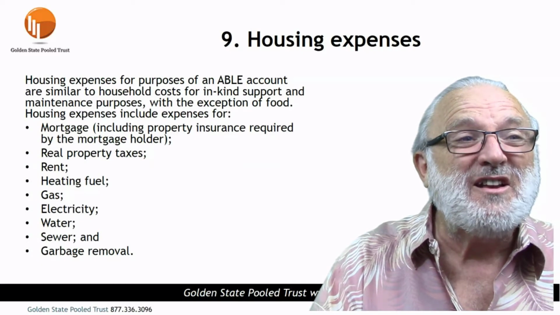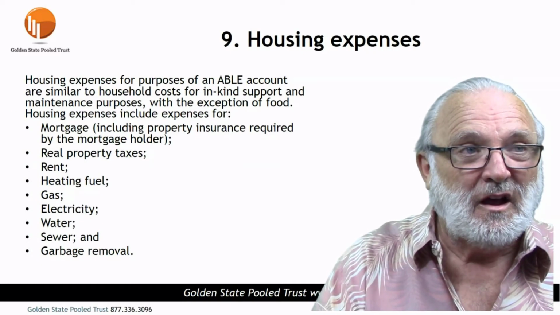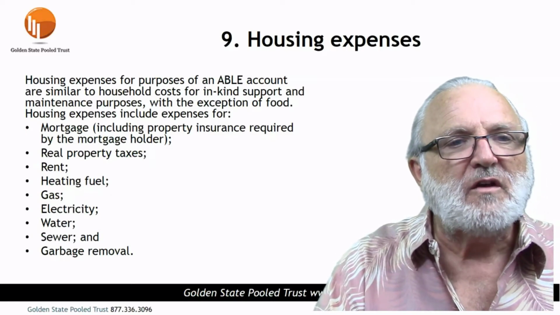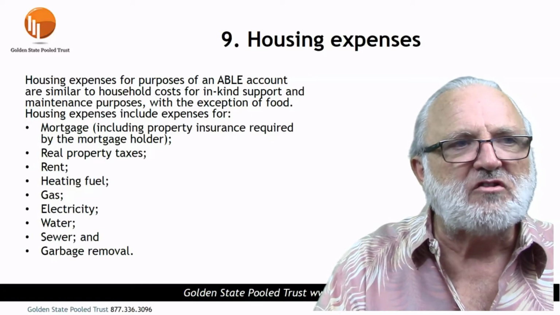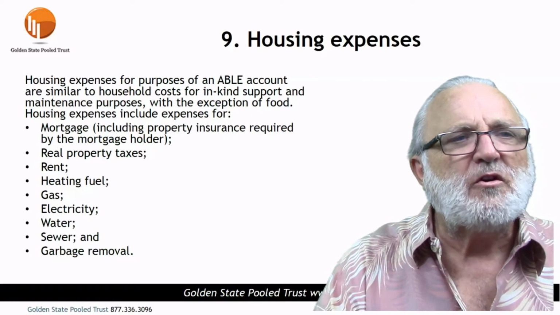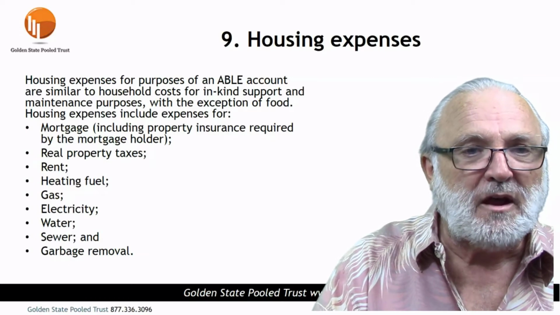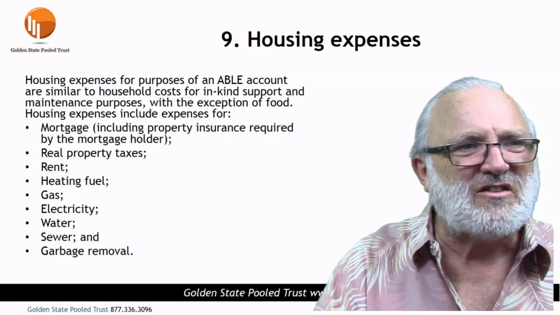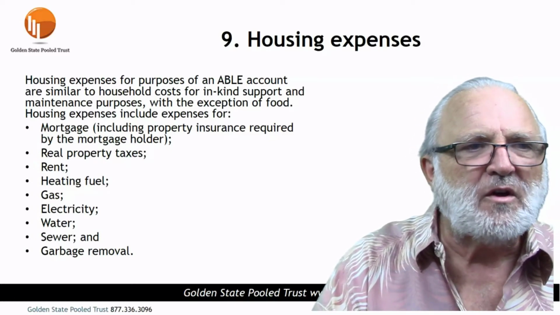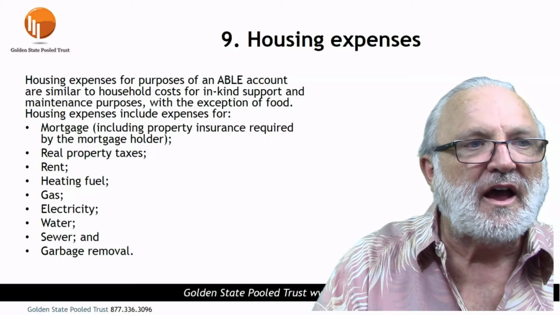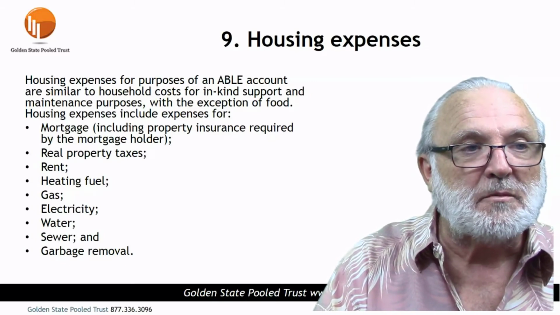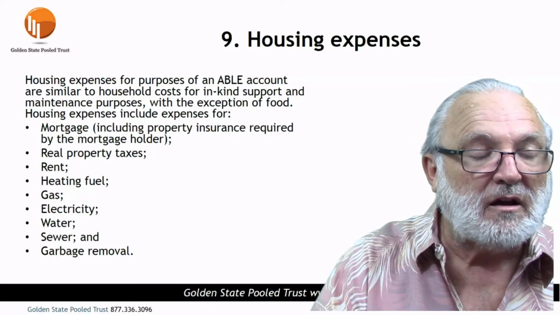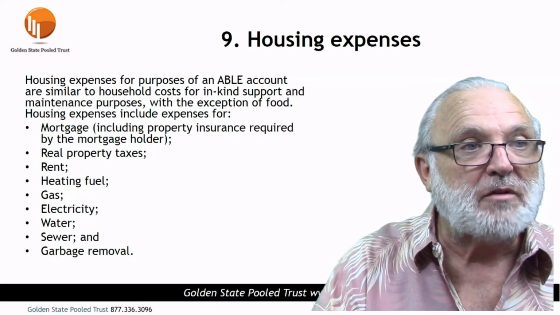Now, whenever you're making distributions for housing, we always keep in mind, and what you're trying to avoid is what's called the ISM reduction when you pay for food or shelter. There's a video that we did earlier on paying for housing with an ABLE account, but what we showed is in many cases of outside assistance, if you help somebody with their housing expenses, which includes these 9 items here, their SSI benefits will be reduced dollar for dollar, capped at 1/3 of the federal part of the SSI plus $20.